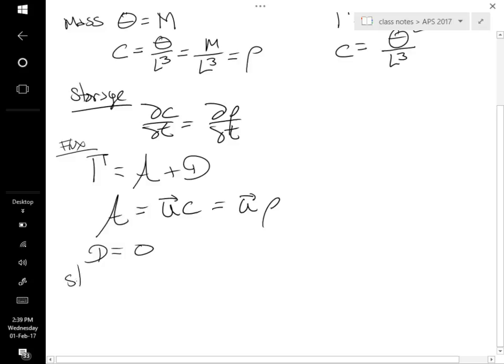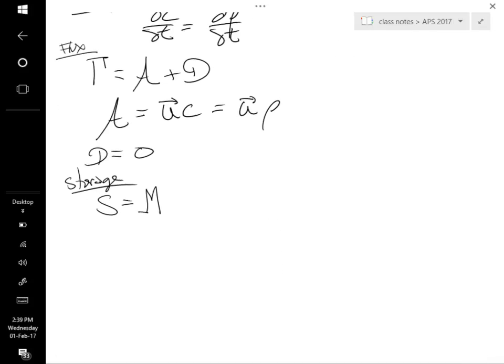Then for the source, this would be a case where mass is produced from within a control volume. It's potentially possible. Most of the time we won't include that kind of process, but for completeness let's say we have some kind of mass source that we'll call M.